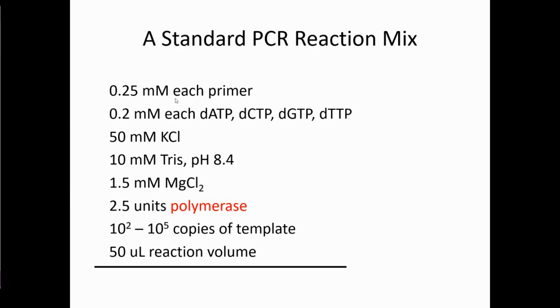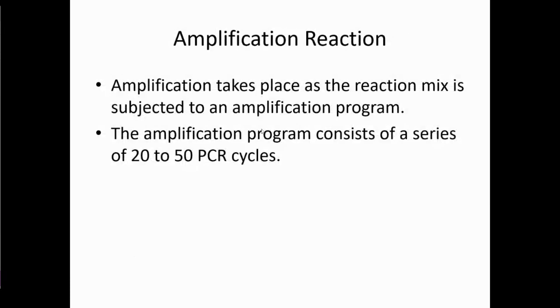For example, the primer is normally about 250 nanomolar of each primer, and 200 nanomolar of each deoxynucleotide. Then you have the salt and magnesium, which is a cofactor to promote the enzyme activity. And then you need polymerase and template, so that you can perform the PCR reaction.